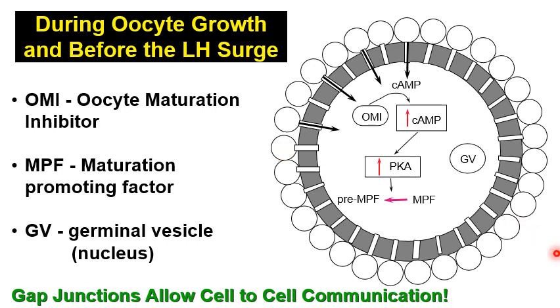This is actually the reason why the oocyte remains for so long in the immature dictyate state of meiosis. So it will inhibit the further development of the oocyte, or the primary oocyte, to its mature form, which is the secondary oocyte.